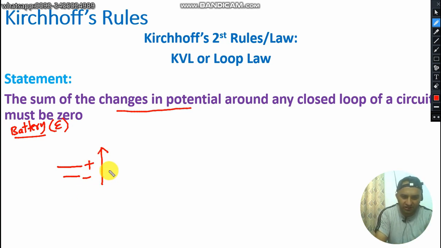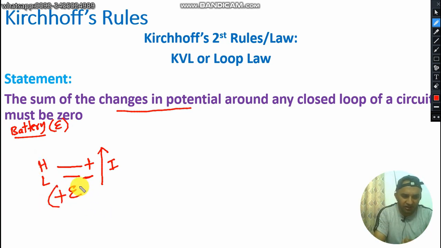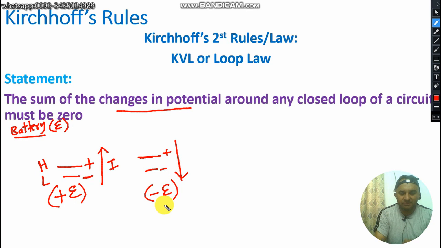If the direction of current is from the negative terminal towards the positive, we are moving from low potential to high potential, so the change in potential will be plus E. If we move from the positive terminal towards the negative, we are moving from high potential to low potential, so the change in potential is equal to minus E.